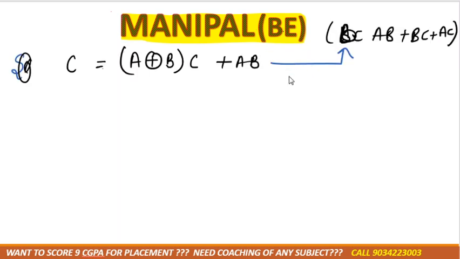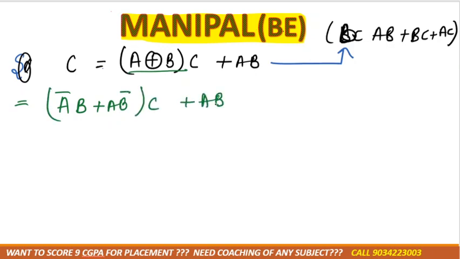If this expression does not come, then our diagram is not correct, correct? Now A XOR B is how much? A bar B plus A B bar, multiplied by C, plus AB, right? Then I multiply C with every term: A bar B C plus A B bar C plus AB, right?